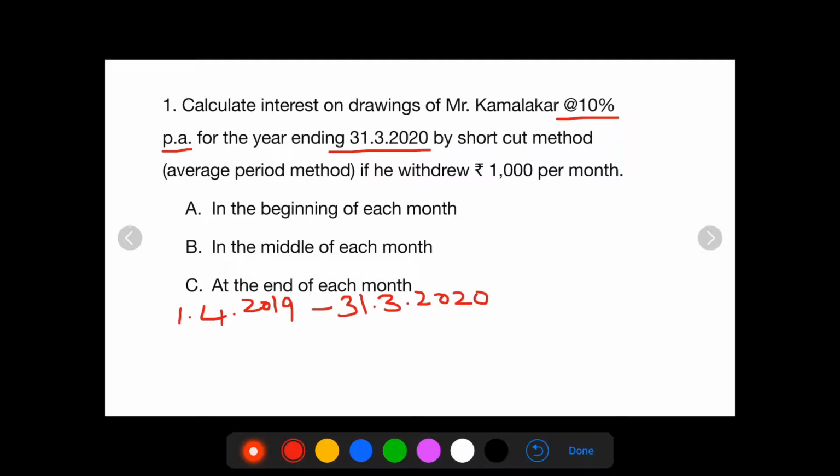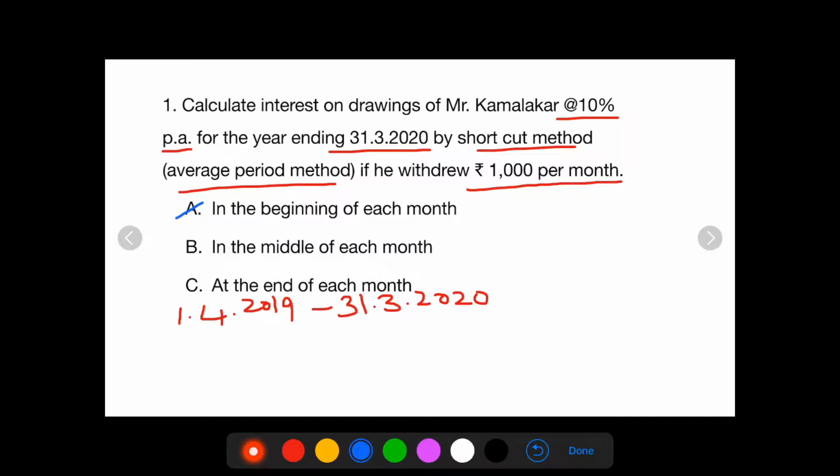Calculation of interest on drawings should be done using the shortcut method, which is called the average period method. The withdrawal pattern is rupees 1000 per month. Now, we have 3 scenarios given in the question.